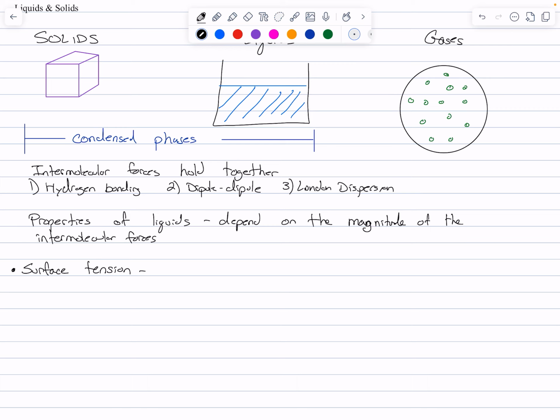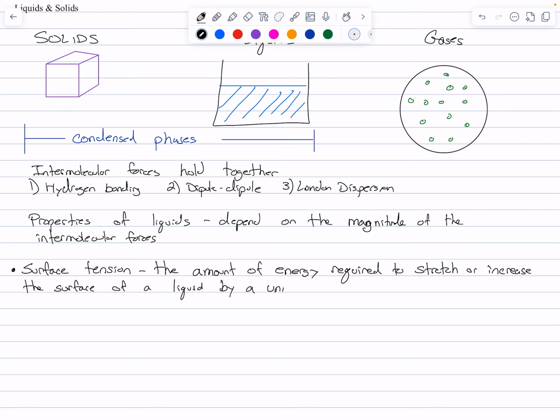And surface tension is the amount of energy required to stretch or increase the surface of a liquid by a unit area. Typically 1 centimeter squared.